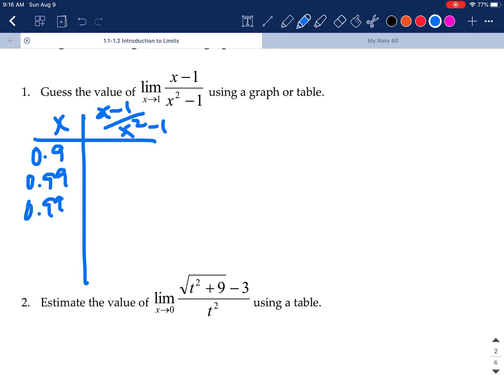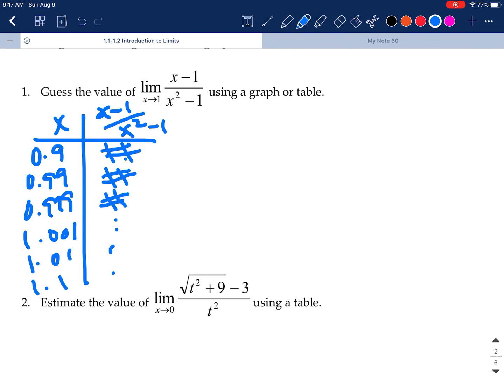So I'm going to pick values smaller than 1. So 0.9, 0.99, 0.999. And then I'm also going to pick values that are just bigger. And then you're going to compare those numbers that you get by putting that in a calculator or using Desmos, and see if they approach a value.